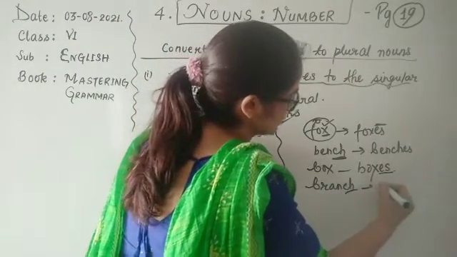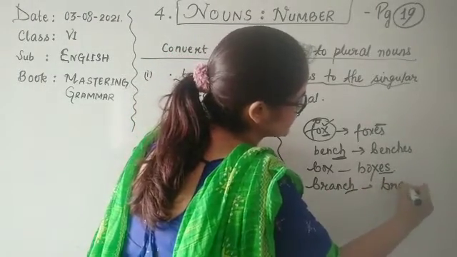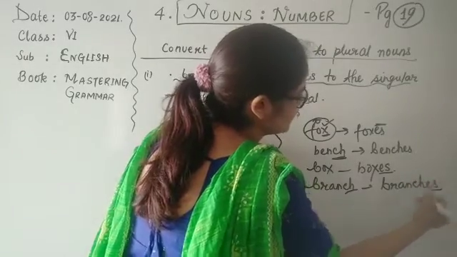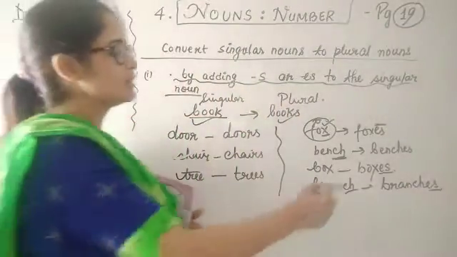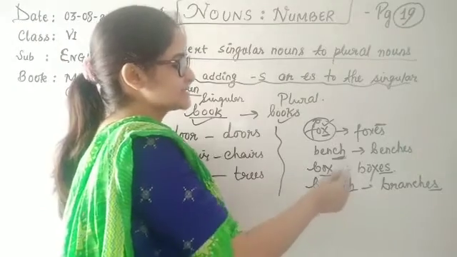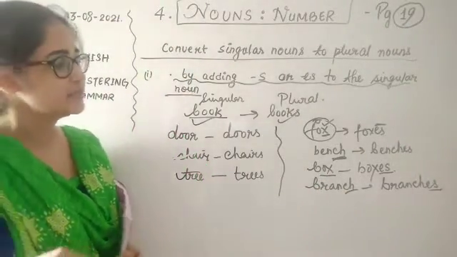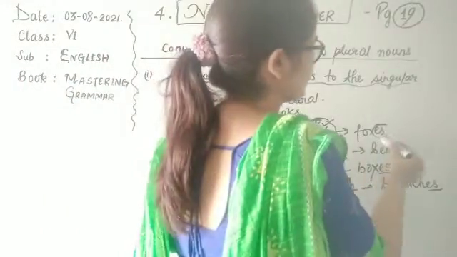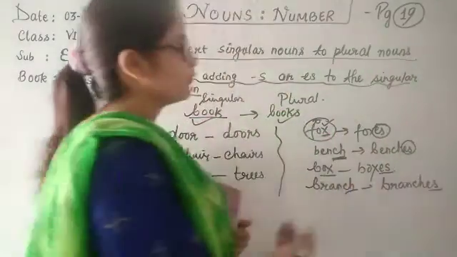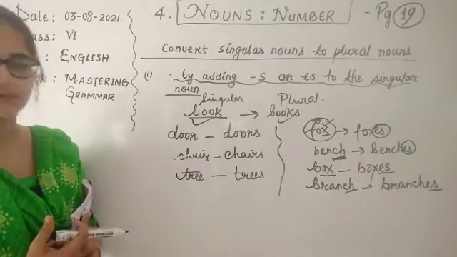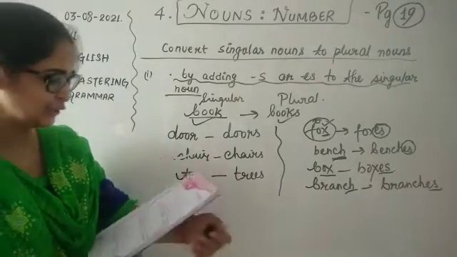So this will also take what? This will also be taking es at the end of it. So it will become branches. So the letters like x, ch, all these combinations of letters will use es at the end of the main word for making plural nouns. Okay, I hope this is clear.